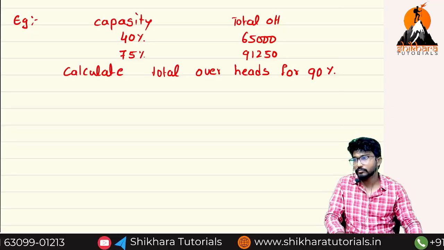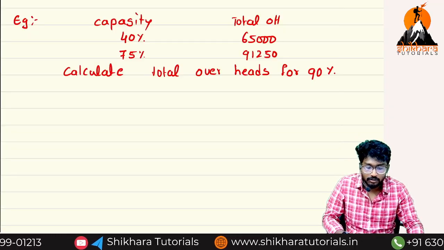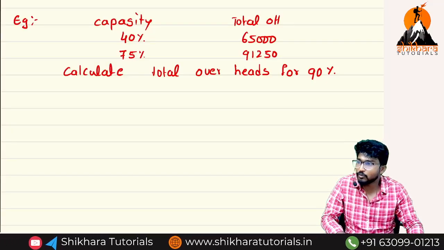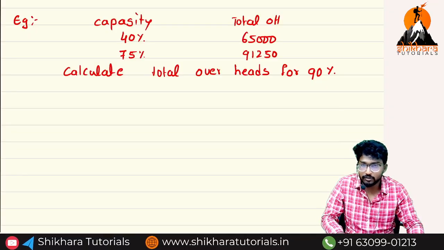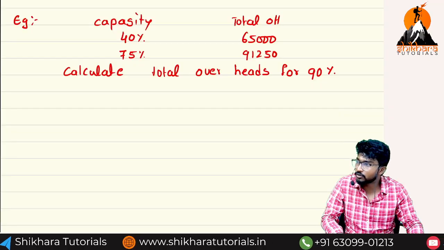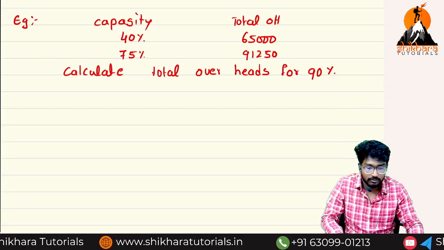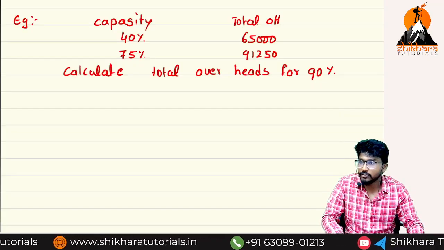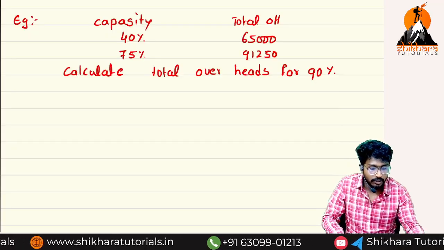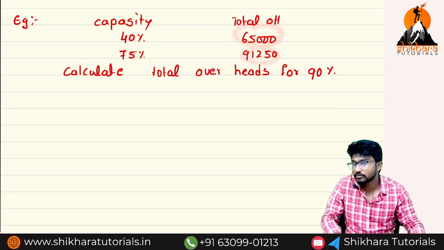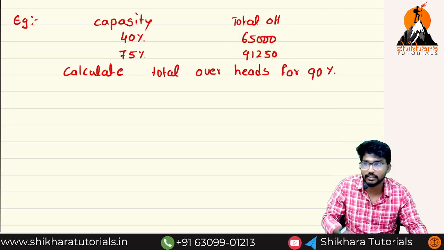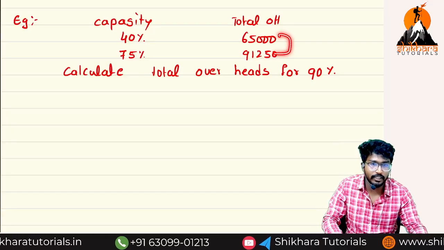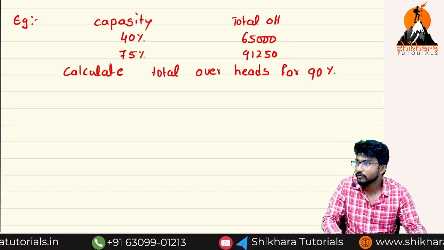Now, at 40% capacity your total overheads is 65,000. 65,000 includes both variable as well as fixed. Now at 75% capacity, what is the total overheads? 91,250. In these two overheads, which is constant? Fixed cost is constant. Whatever change is happening is due to variable cost only.